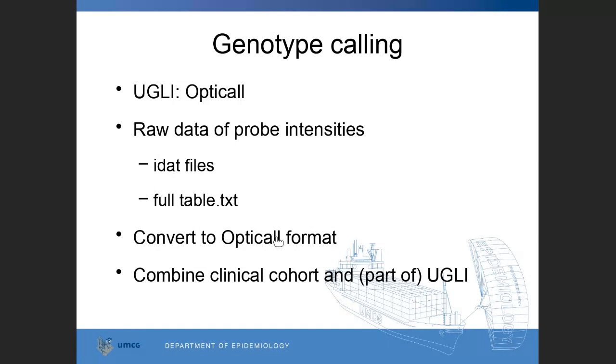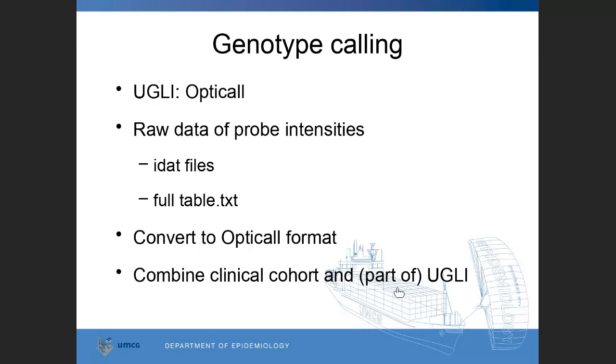The problem is that before you can apply OptiCall to these raw data files, you first have to convert the data to the OptiCall format. What we recently figured out is that the best strategy is to combine these raw data before calling, combining the clinical cohort data with at least part of UGLI.